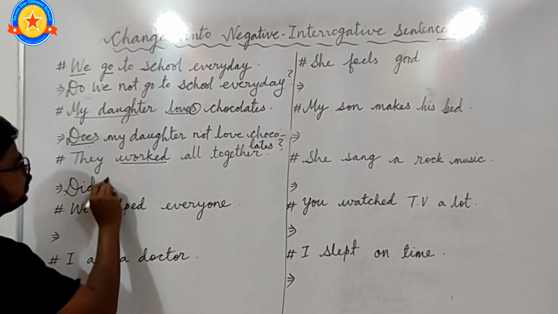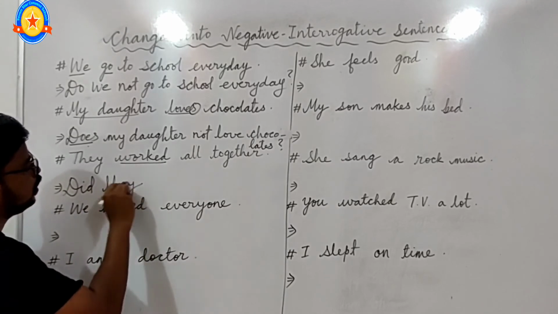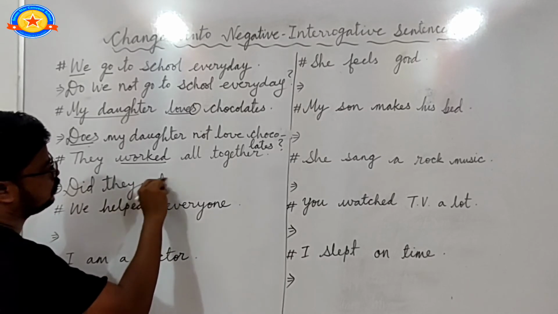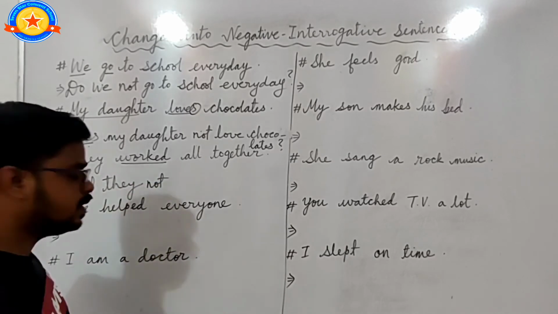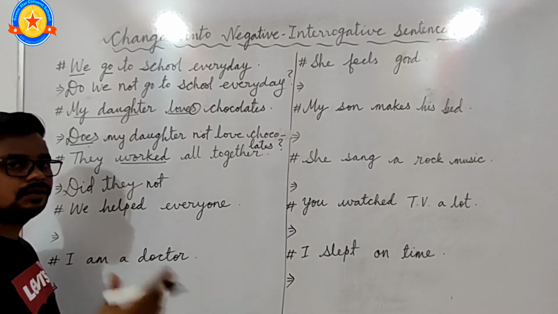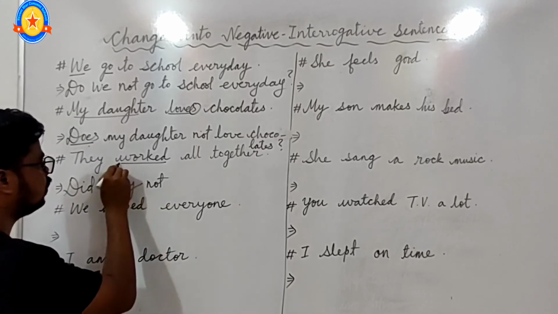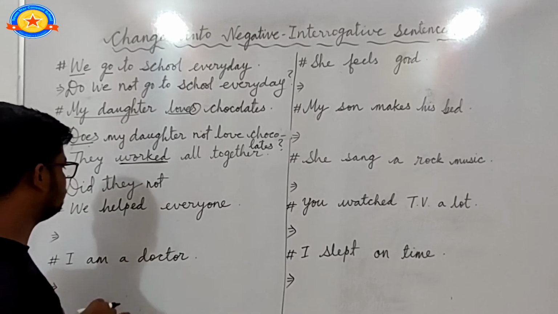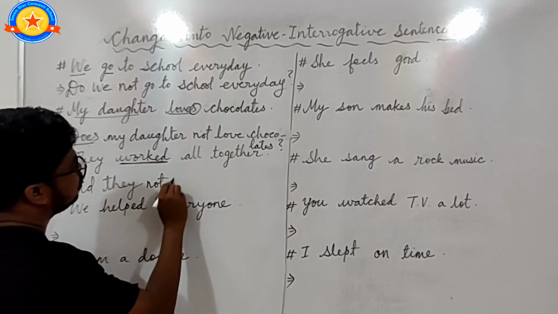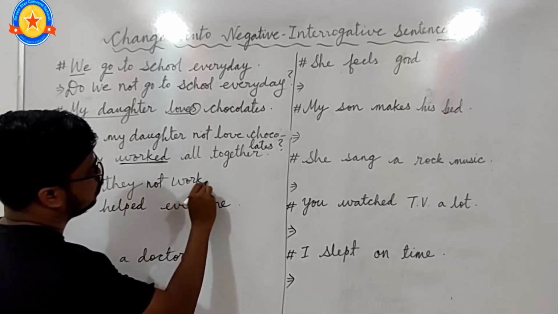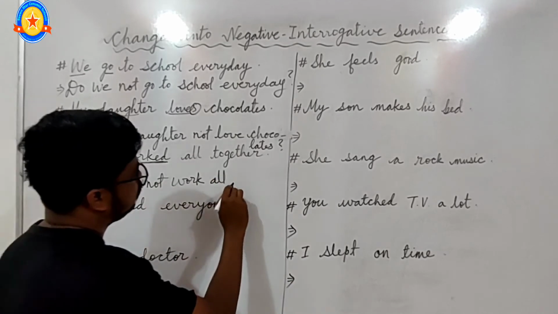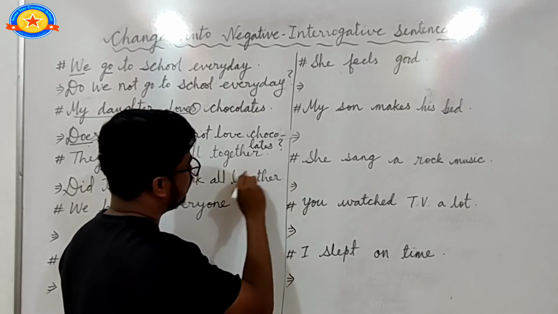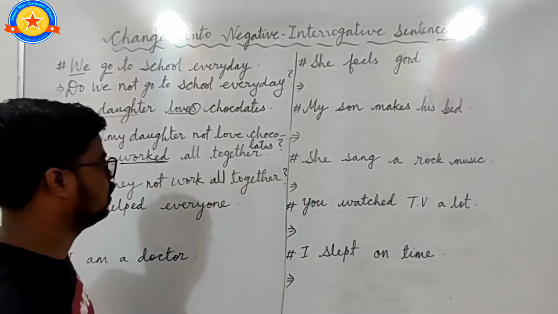Did they not, while changing into a negative interrogative sentence, the second form of the main verb will be changed into the first form. Did they not walk all together? And at the end of the sentence, a question mark.